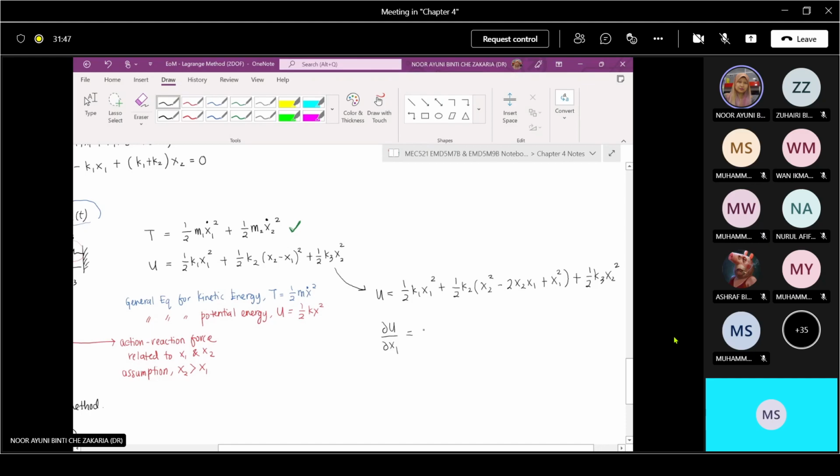The first one we do have is k1 x1, followed by x2, followed by negative 2 k2 x2, plus k2 x1, and the last one is on x2, so this is 0.